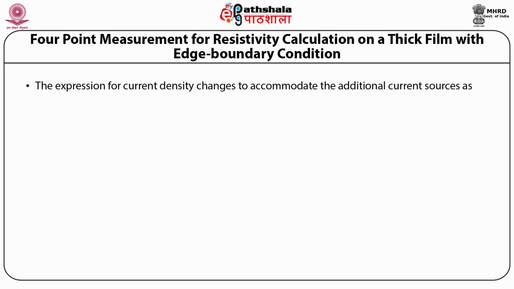The expression for current density changes to accommodate the additional current sources as J vector equals I12 divided by 2π into (r vector minus r1 vector) divided by mod of (r vector minus r1 vector) cubed, minus (r vector minus r2 vector) divided by mod of (r vector minus r2 vector) cubed, plus (r vector minus r3 vector) divided by mod of (r vector minus r3 vector) cubed, minus (r vector minus r4 vector) divided by mod of (r vector minus r4 vector) cubed.